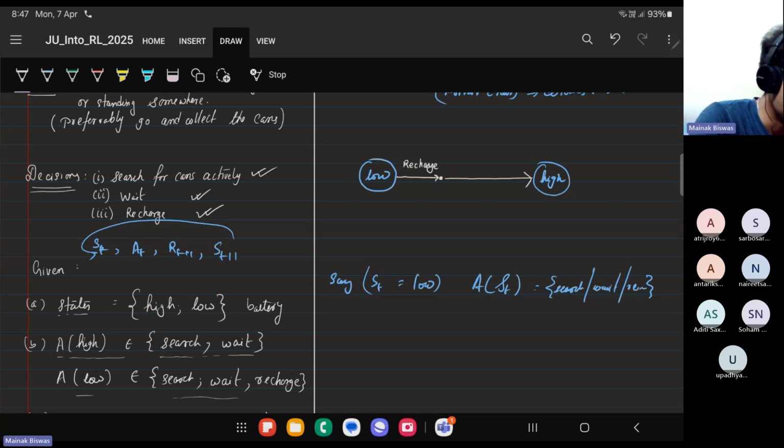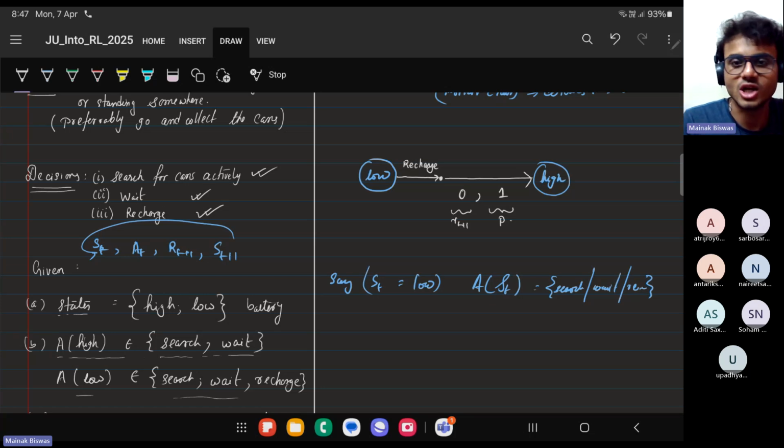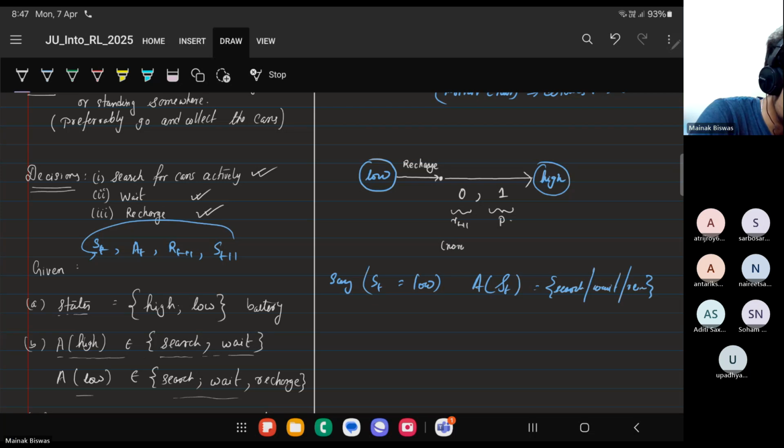This is the reward R_{t+1}, and this is S_{t+1}, with probability P. And what is the reward? Say reward is 0. We are not going to get any reward for charging.